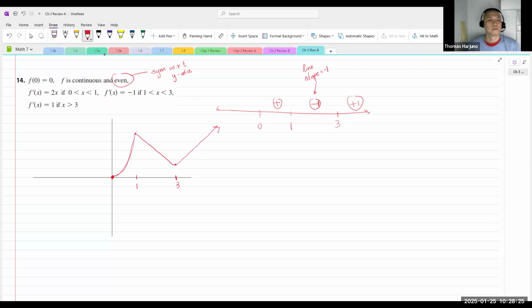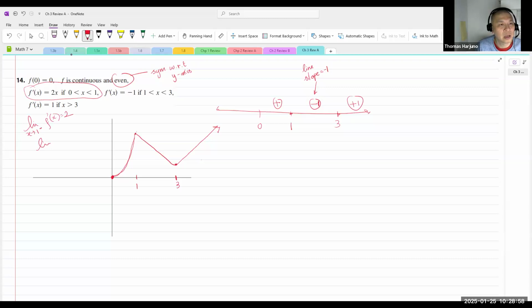Now, because this is an even function and continuous, we know right at 1 and 3, from the left-hand side, the slope is 2, right? Limit as x approaches 1 from the left-hand side of f prime of x equals 2.